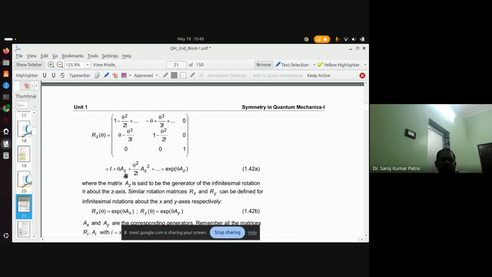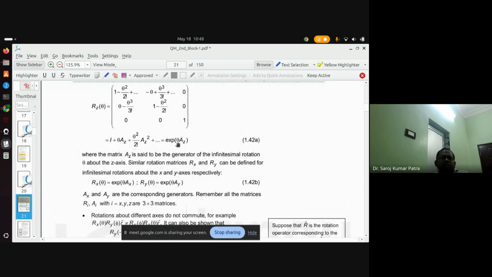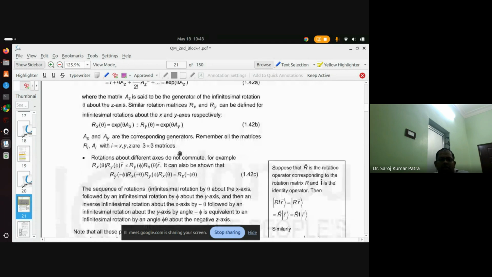This Az matrix is basically the generator, because R theta z can now be written as exponential theta Az. So theta Az is the generator for making this rotation. If we rotate around the z axis, it is exponential theta Az. If we make rotation around the x axis, it will be Rx theta, exponential theta Ax, and Ry will be exponential theta Ay. All these will be 3 by 3 matrices.